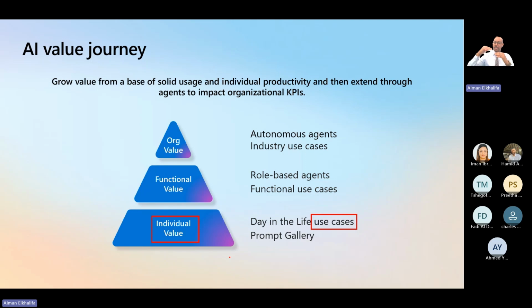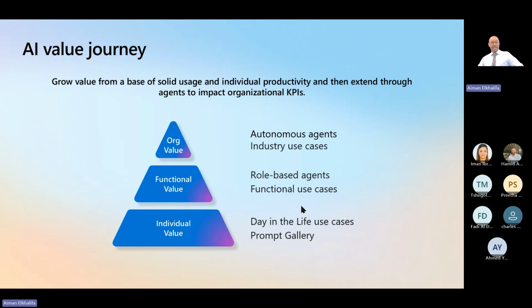Another value can be realized on a higher tier, that is the functional value. And basically, when each individual in a team can leverage AI in order to do the tasks that they do in a better way and a faster way, then there is a chance now for automation on the department level or the team level or the function level. So we will see during the slides today some role-based agents and functional use cases.